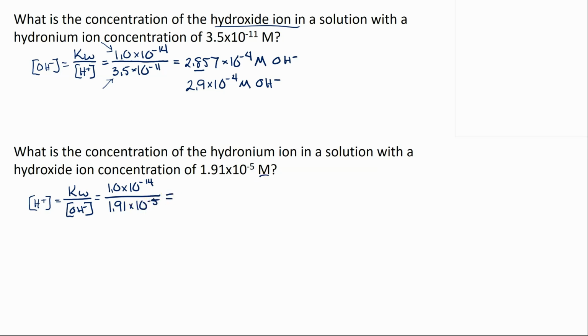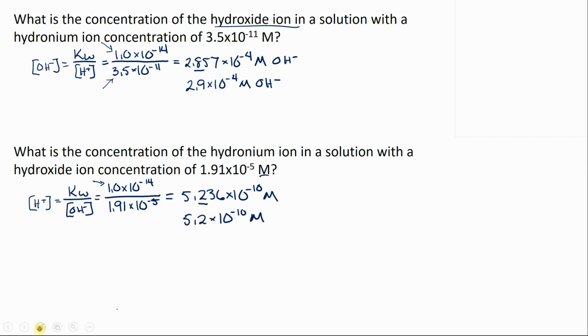It's already in units of molarity. And I got 5.236 times 10 to the negative 10 molar. And again, it's going to be two significant figures. This Kw, in this case, is limiting the precision of our answer, or 5.2 times 10 to the negative 10 molar.